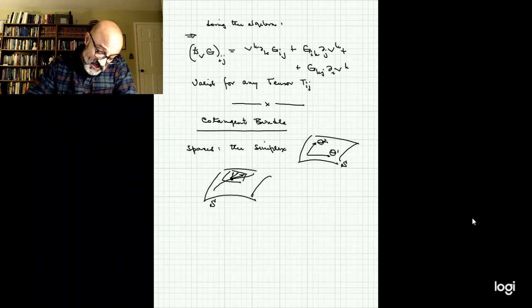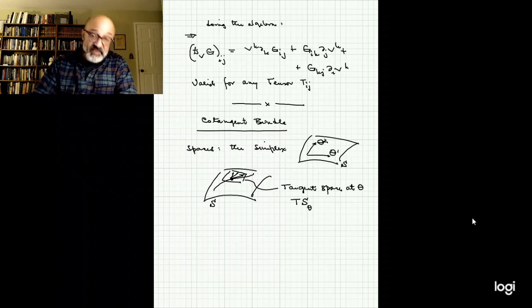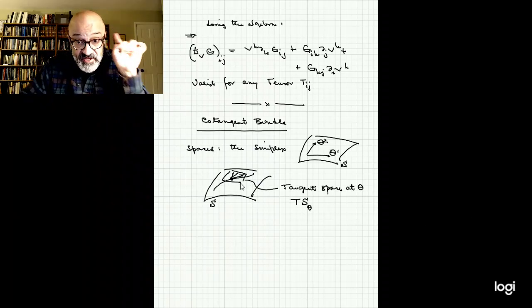This space here, the tangent space at the point theta, we write as the tangent space to the simplex at the point theta. Very good. Why do we care about vectors?